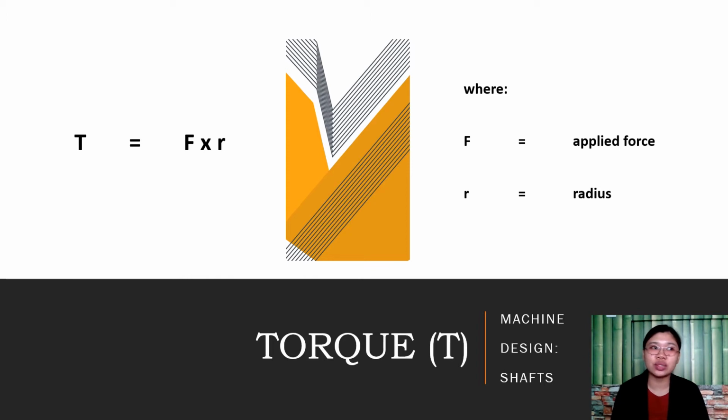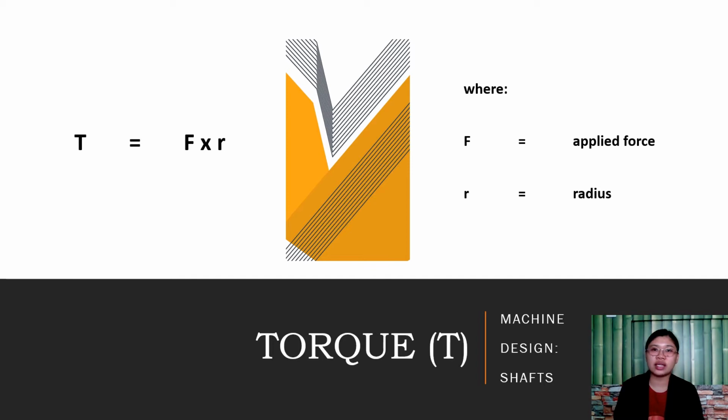Other books are using FD over 2, wherein D is the diameter. That is why a simpler formula is FR, because radius is equal to diameter over 2. So if you see that other books use FD over 2, that is all right, because that actually simply means F times R, or applied force times radius, since again radius is equal to diameter divided by 2.